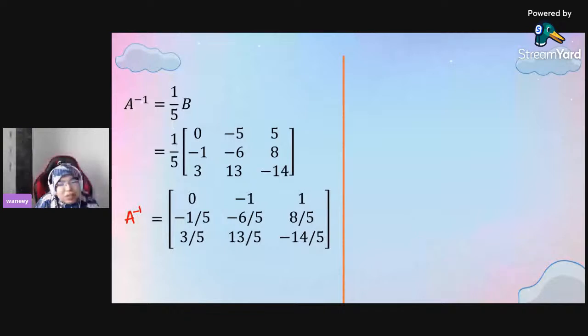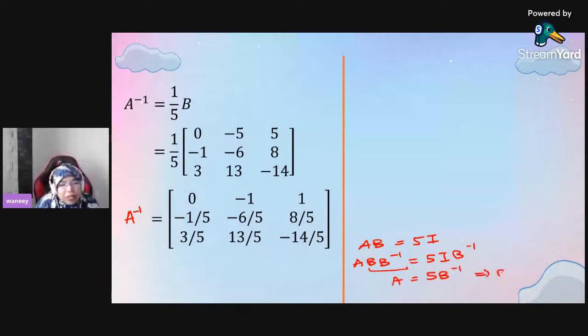Okay, so how to deduce the B inverse? AB is equal to 5I. So you times with B inverse at the back. So AB B inverse is equal to 5I B inverse. B times with B inverse is equal to I. So this is A equal to 5B inverse.